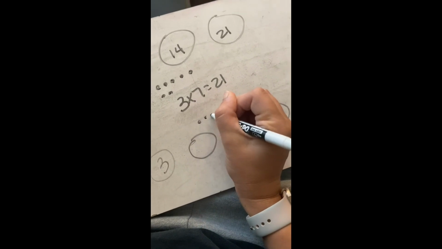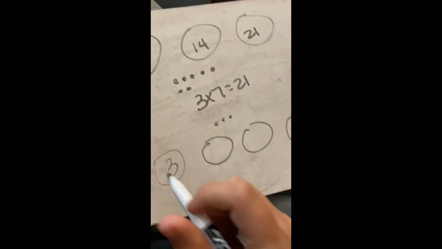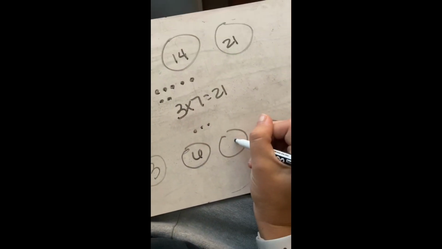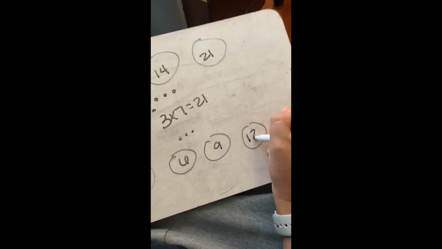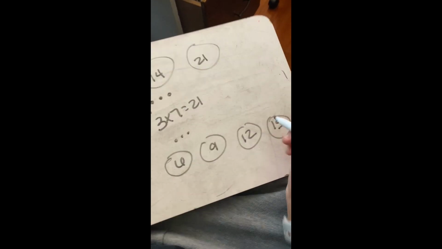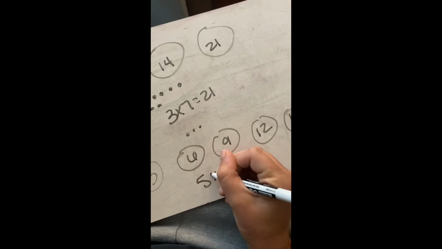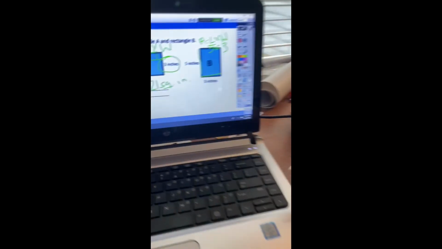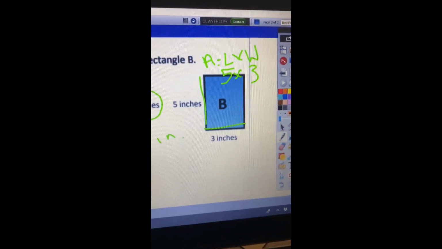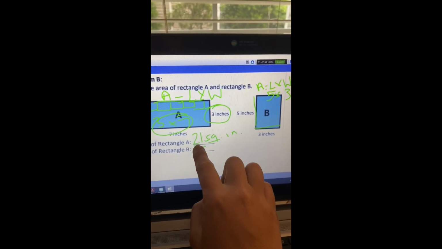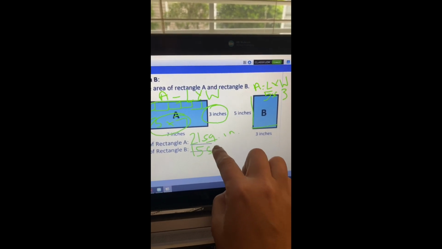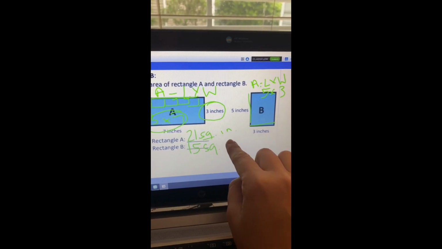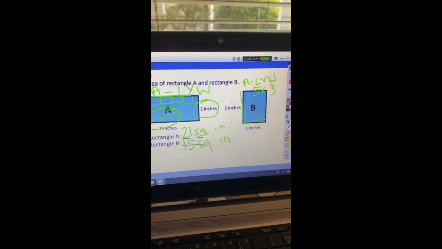If I can't do that, I'll draw those 3 little dots. So 3, 6, 9, 12, 15. So 5 times 3 equals 15. So the area of rectangle B is 15 square inches.